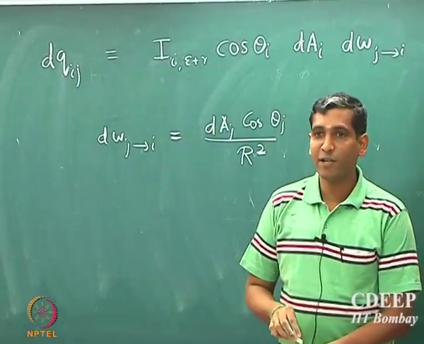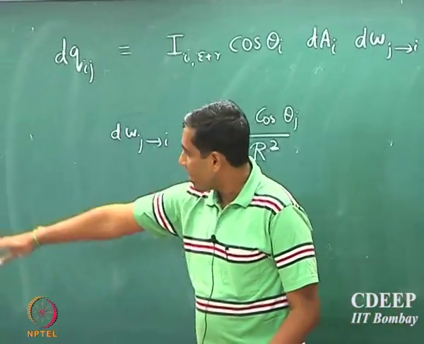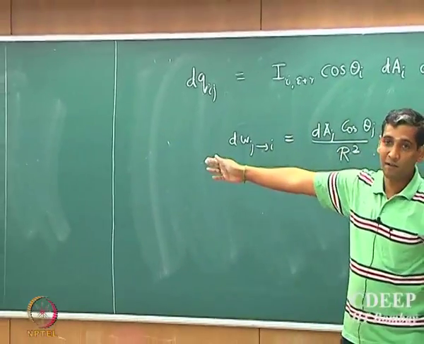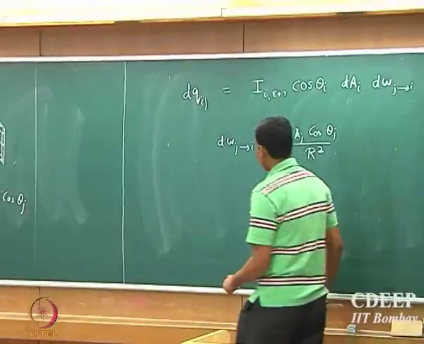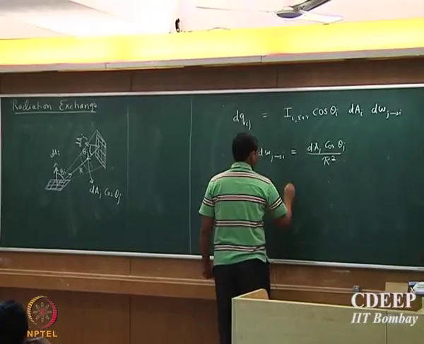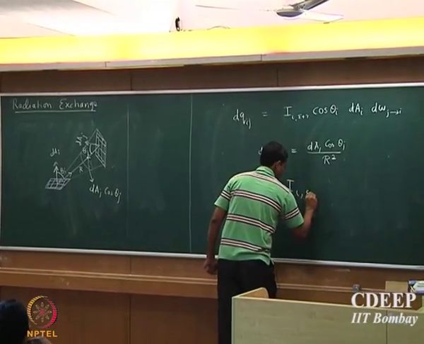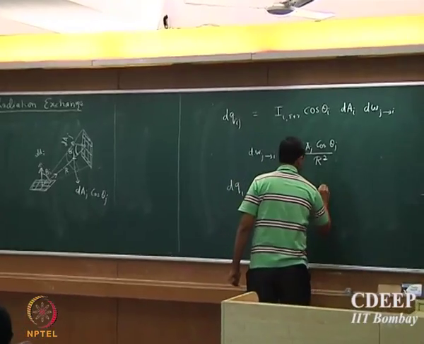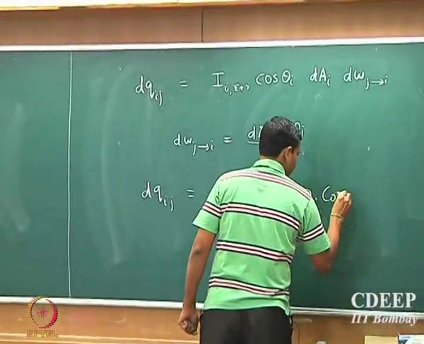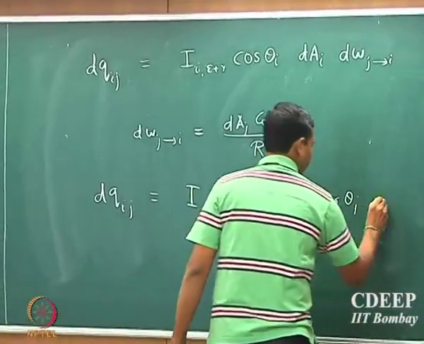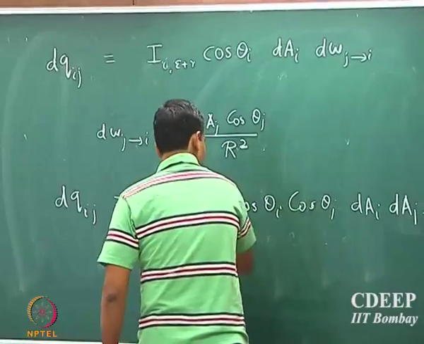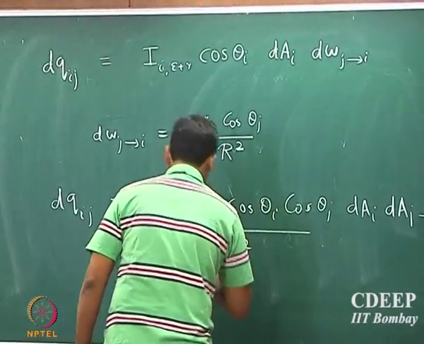That's the differential radiation that is emitted by surface i and received by surface j. Therefore dqij is (I emission plus reflection) times cos theta i cos theta j into dAi dAj divided by r squared.